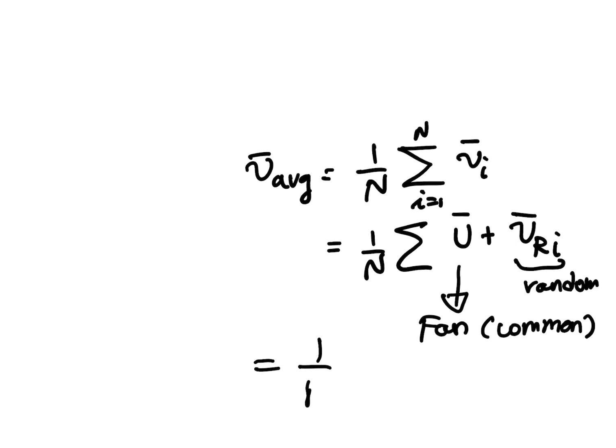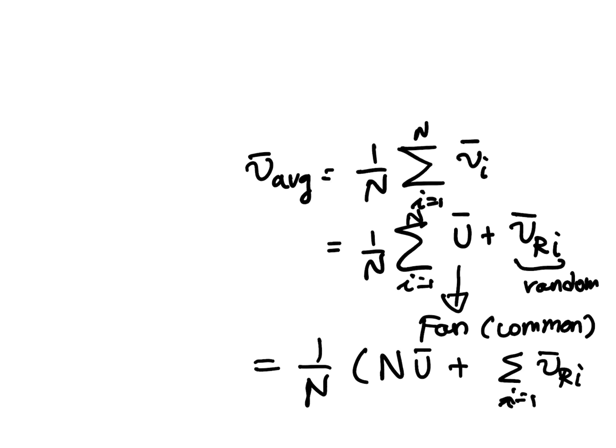So I can write this with 1 over n, and I'm just going to sum from 1 to n molecules. n is usually a very large number, and I have n times u bar plus this summation of V random i, i equals 1 to n. This part is all the random velocities of the molecules.